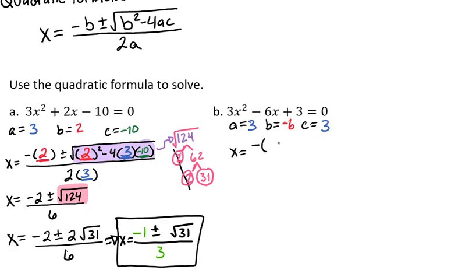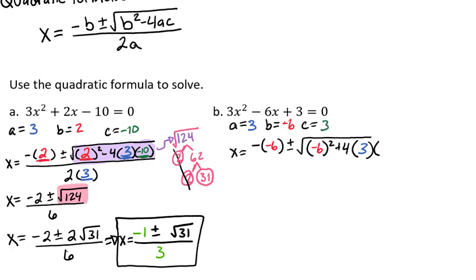So I have negative 6 plus or minus the square root of negative 6 squared plus 4 times 3 times, oh, it looks like I made my c the wrong color. Let's try that again. There we go.